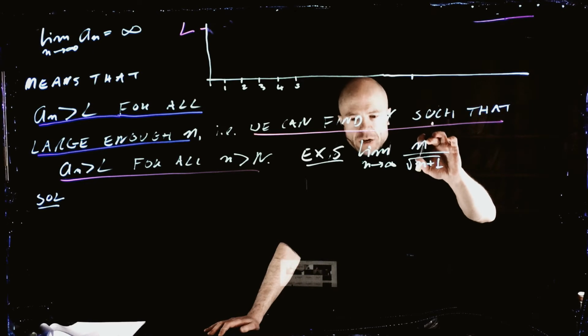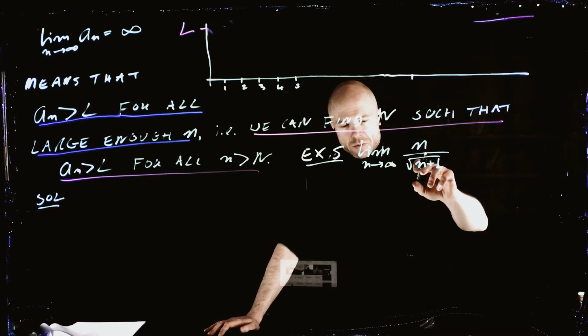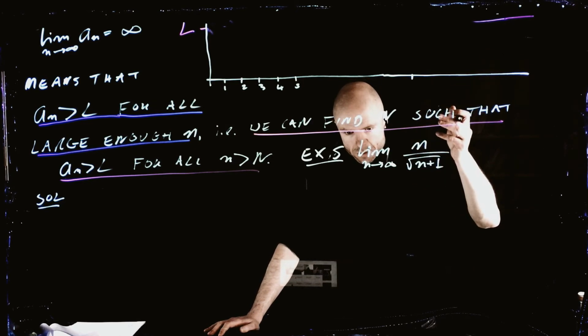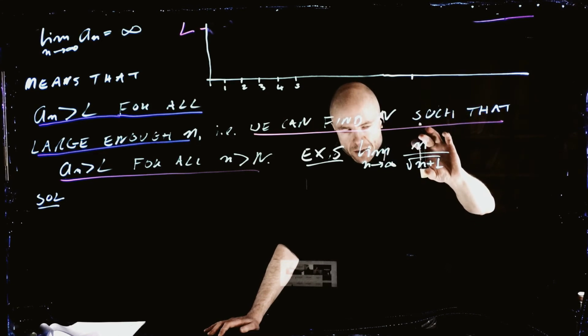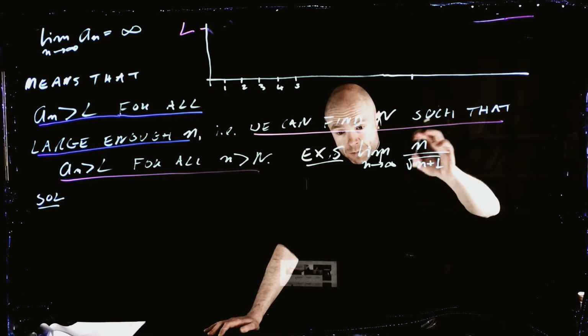Yeah, so for very large n, or actually for any n bigger than 1, the square root is smaller than the function itself, right? Square root of 4 is 2, square root of 9 is 3, yeah? So if we take n getting bigger and bigger and bigger, the thing on the top is a lot bigger than the thing on the bottom. In fact, it keeps growing faster than this thing.